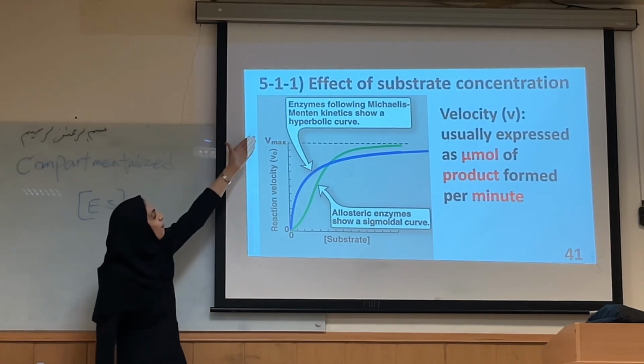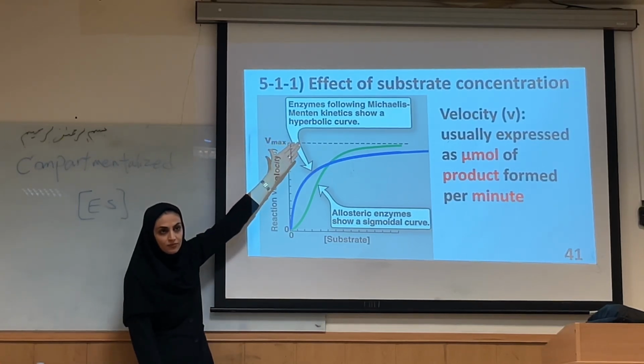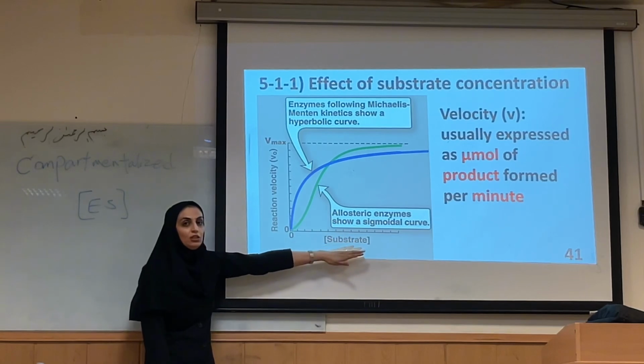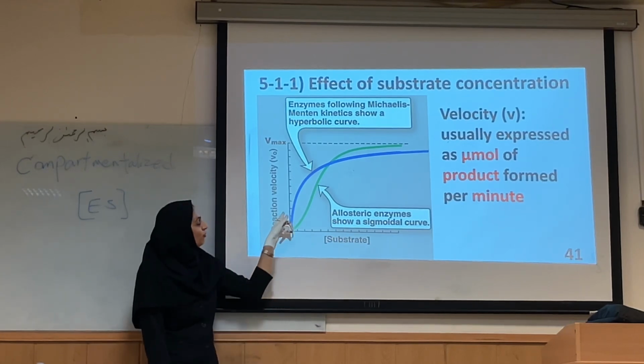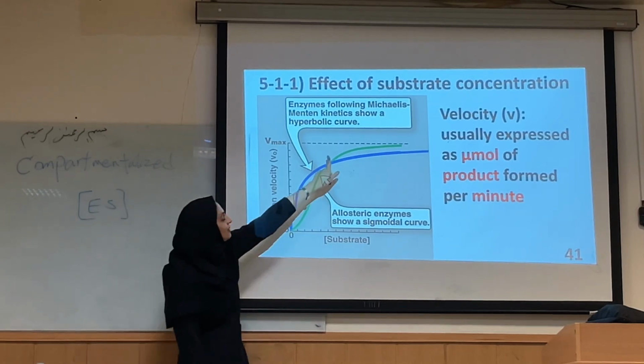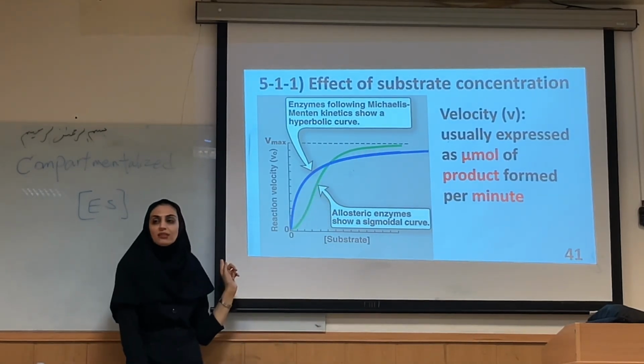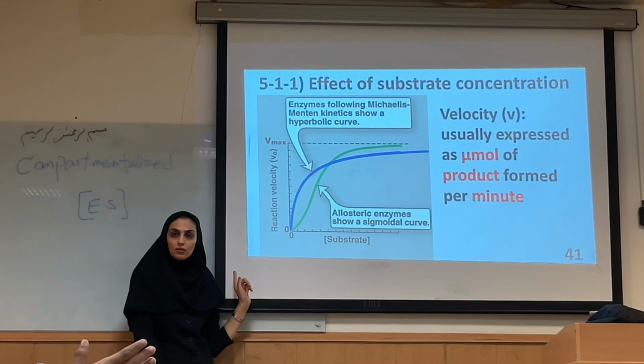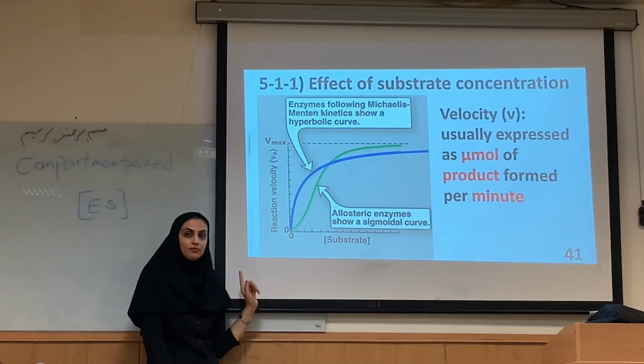Here we have maximum velocity. I explained yesterday which type of enzyme this is related to. The right one is allosteric, yeah, and the left one is the normal.